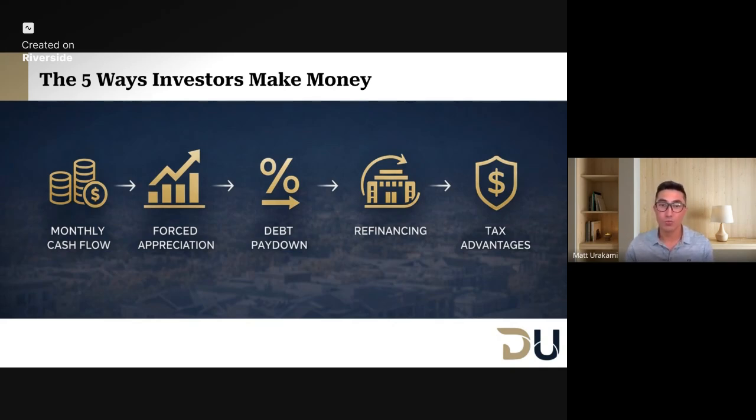There's the option to refinance 2-3 years down the line when the property is stabilized, rents have increased, and you've increased the net operating income. There's a chance to refinance and pull some capital back out to investors. And then, as Rory was saying, the tax advantages through depreciation being the big driver. Those are the 5 ways that you can make money through a syndication.